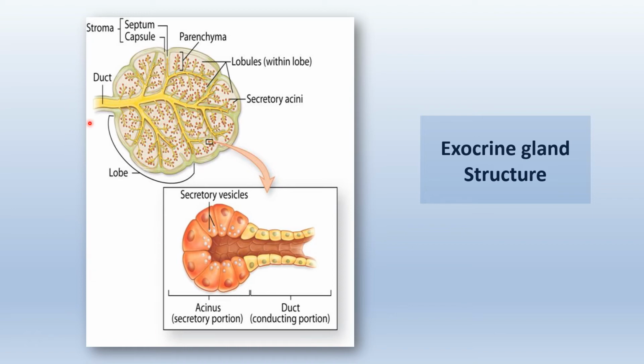In the picture, you can see this is the duct, and this is the septum and the capsule, divided into the lobules and lobes. The smallest branches are the secretory portion, which has an acinus shape, and this is the duct. The duct is the conducting portion.